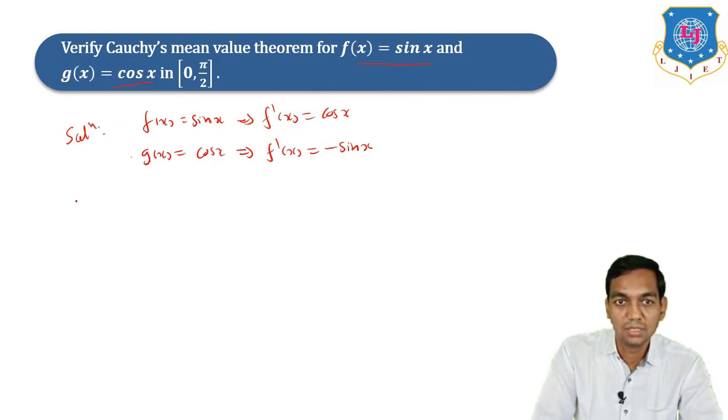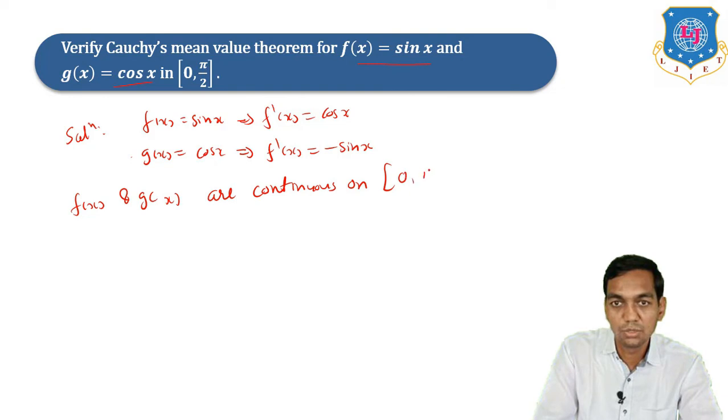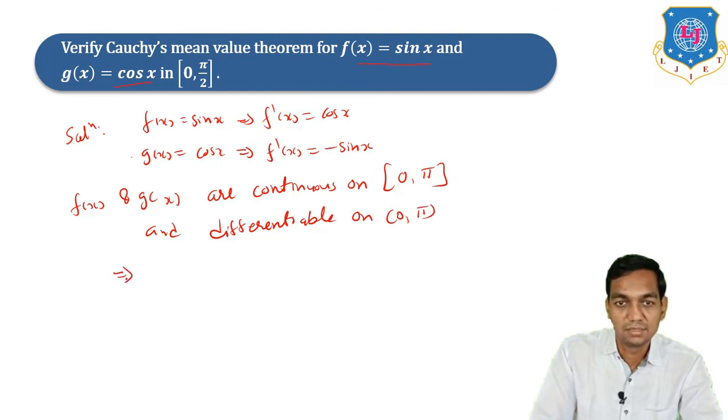Since sin and cos are both continuous on the closed interval and differentiable on the open interval, we also have g'(x) not equal to 0 in the open interval 0 to pi/2.